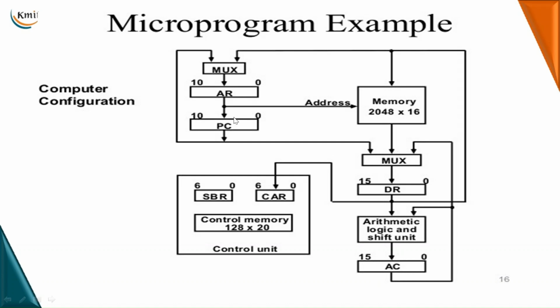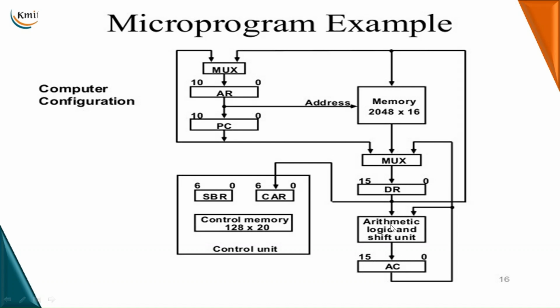Apart from this, we also have an arithmetic logic unit which is responsible for performing arithmetic, logic and shift operations. If an operation requires two operands, one operand will by default be in the accumulator, and the other operand can be stored in the data register.